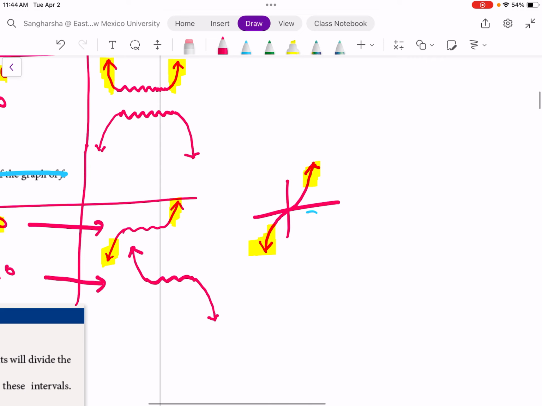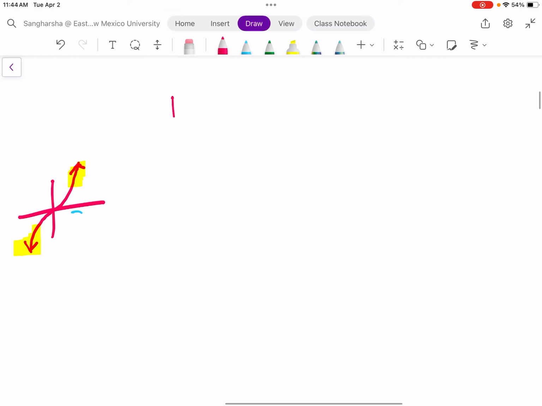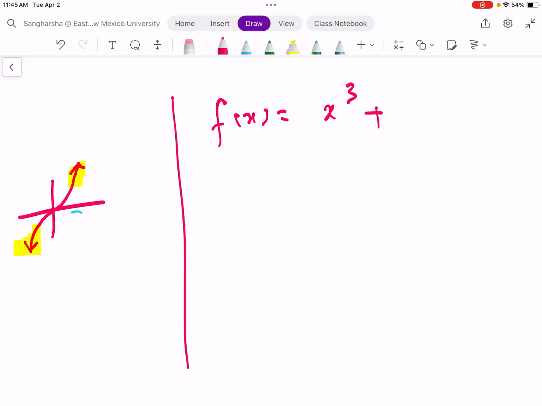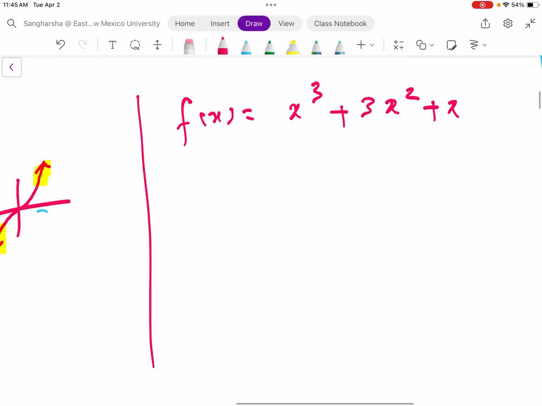Let's take an example. Our function f of x is x cubed plus 3x squared plus x, and we want to know how the function behaves at the ends. First we need to know the leading term. What is the leading term here?